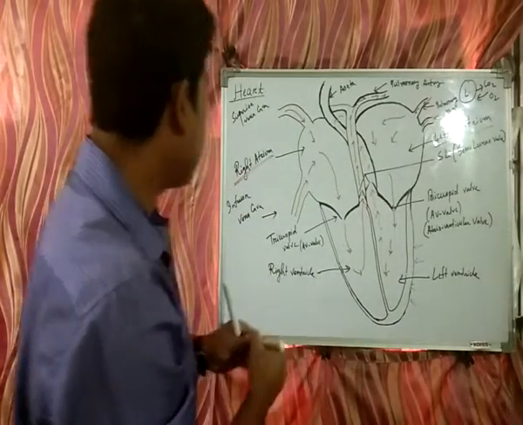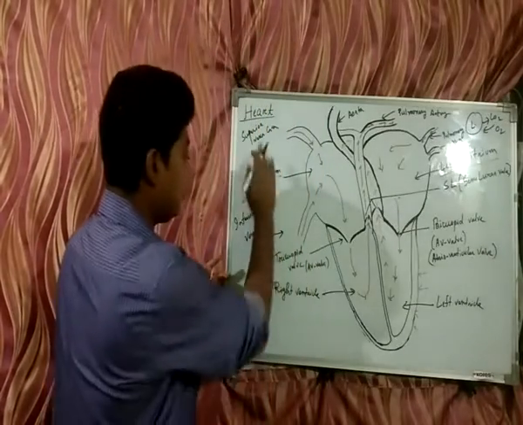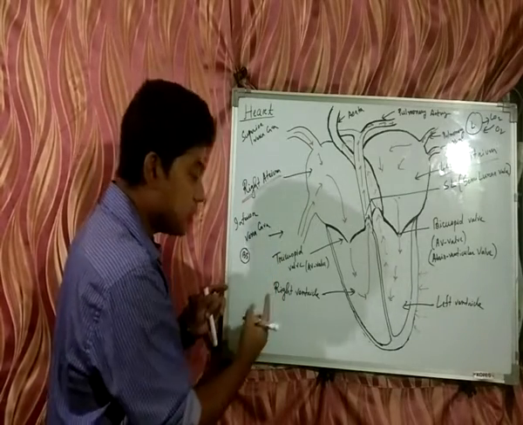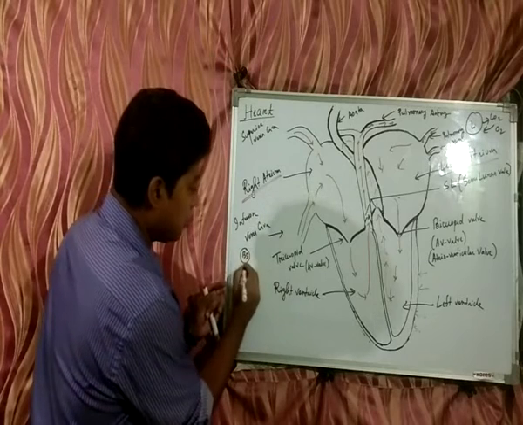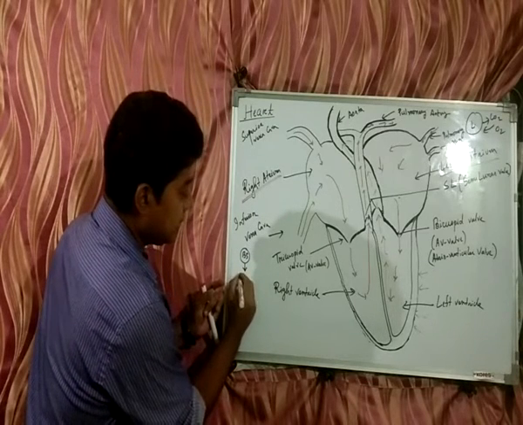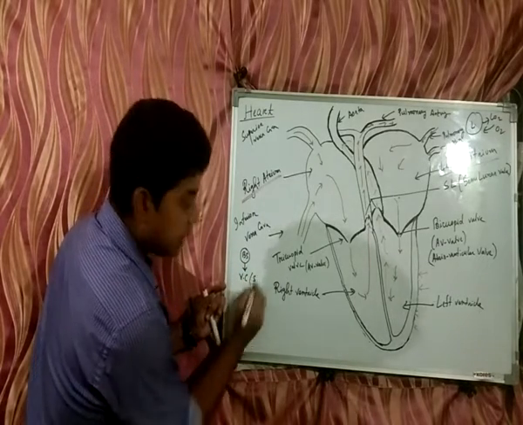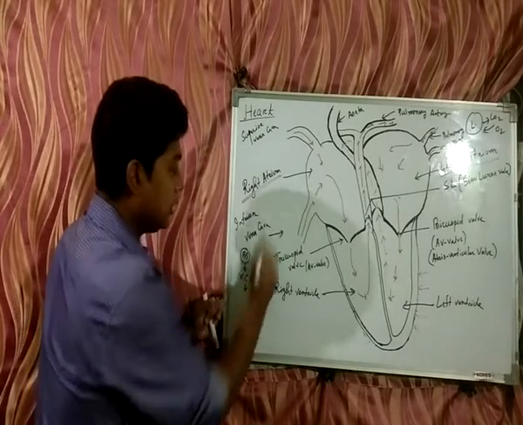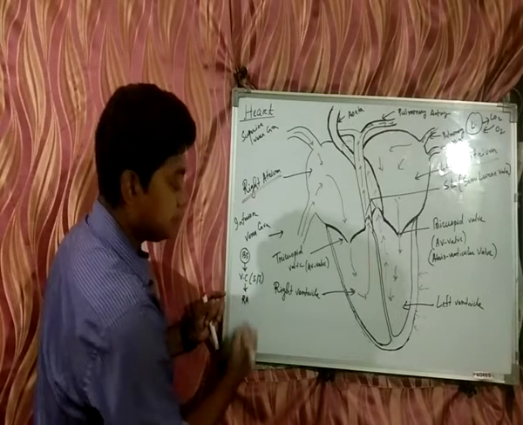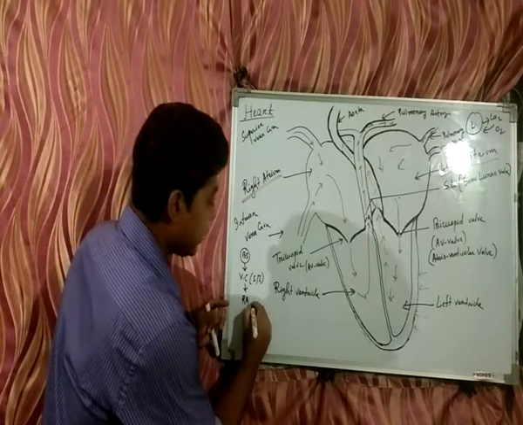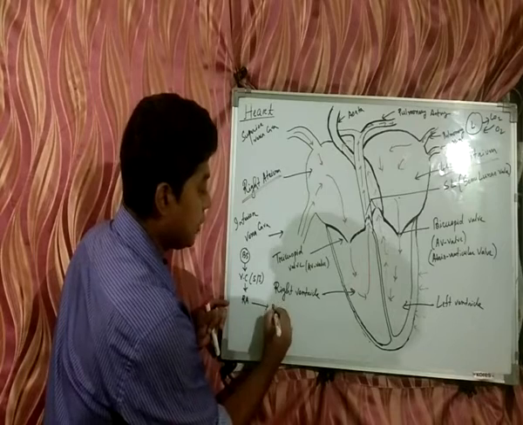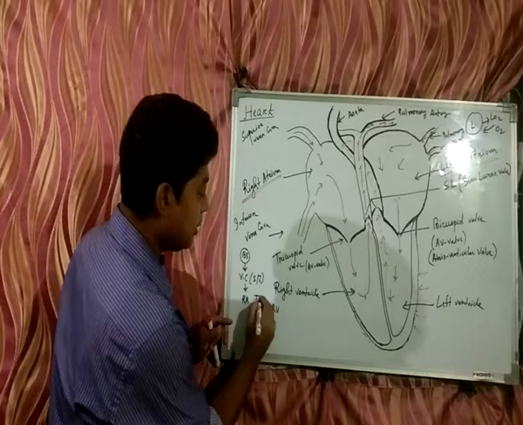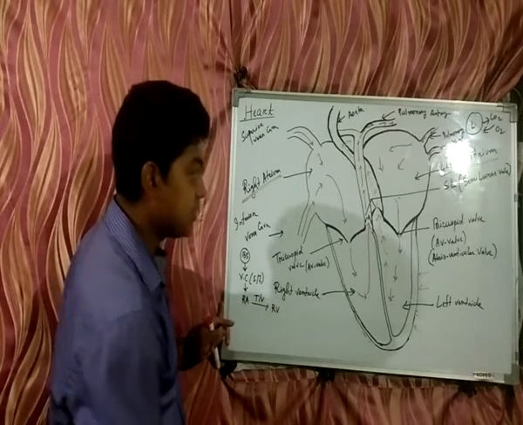Let me summarize all this. First, from the whole body system, through metabolic activities, carbon dioxide is produced, and it is carried by the vena cava, whether superior or inferior, to the right atrium. From the right atrium it moves to the right ventricle, and between them the tricuspid valve is present.